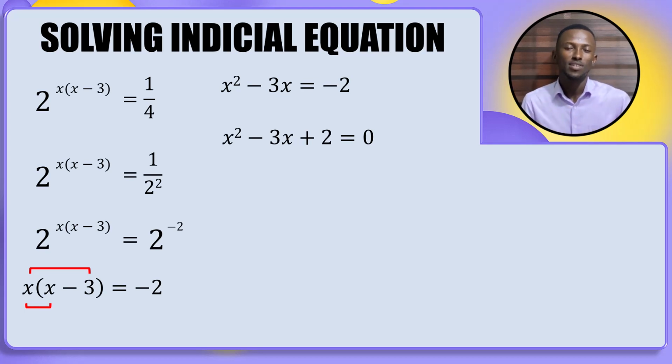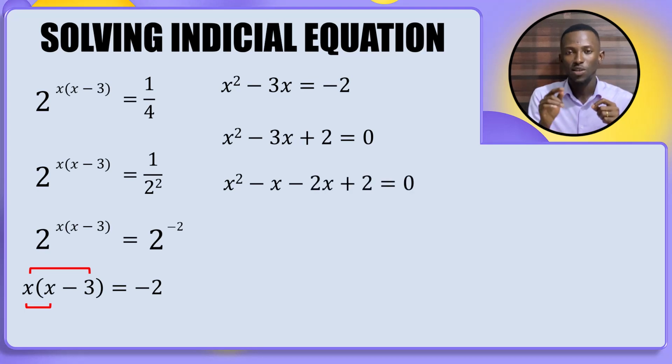Why? Because negative 1 plus negative 2 will give you negative 3, but negative 1 times negative 2 will give you positive 2. So we will replace the negative 3x with negative x minus 2x. We'll just break it apart in that way.